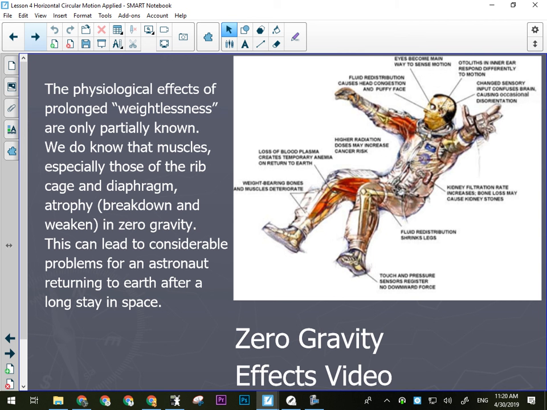The physiological problems are the real problems. Once weight is gone, your body starts to recycle the things it's not using, your bones and your muscles. If you're not constantly battering your bones by walking, lifting stuff, having impact, they'll start to weaken. This is why they usually tell elderly people you need to do a lot of walking, you need to do more load-bearing exercises, because they need to strengthen their bones.